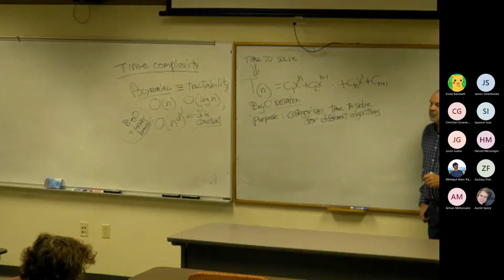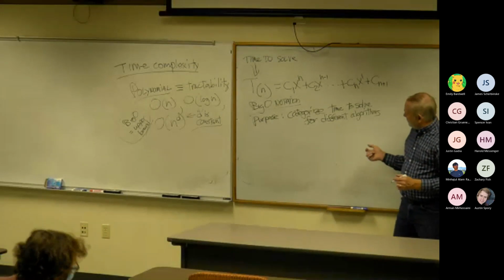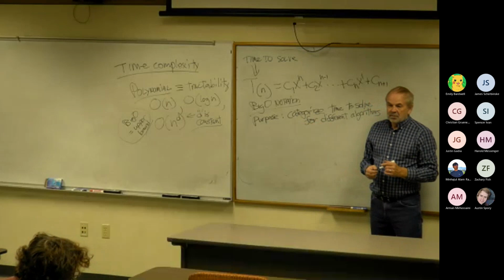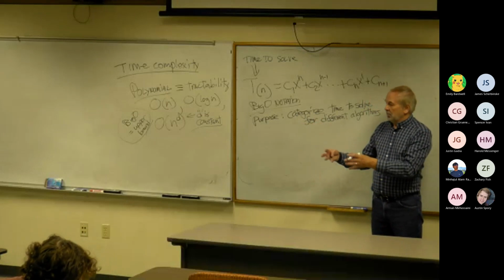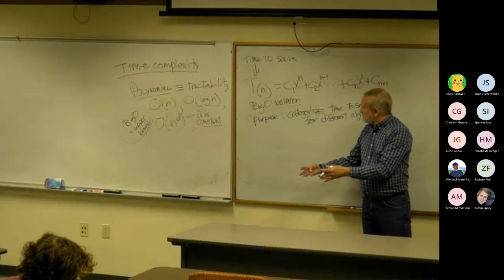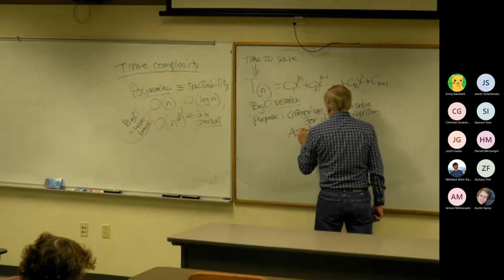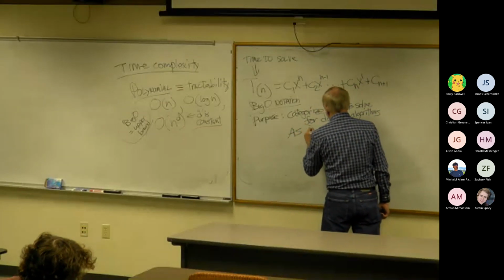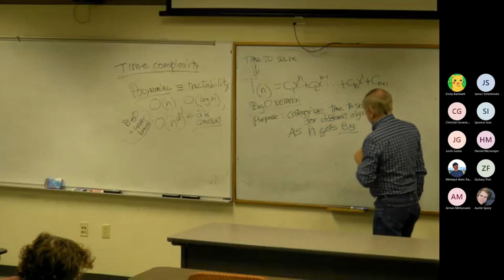The whole purpose of getting big O notation is we want to classify, we want to categorize algorithms into different groupings that would have very close to the same result, as the key point, as n gets big.